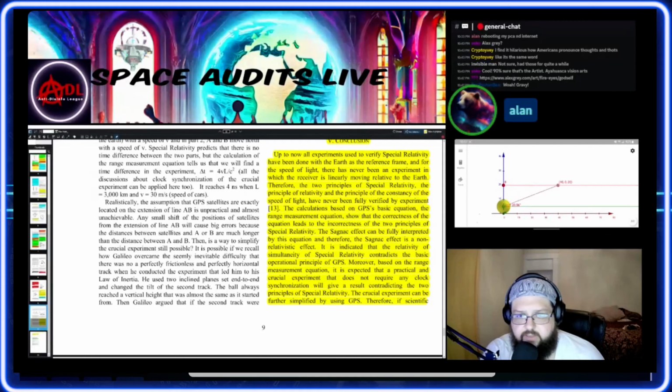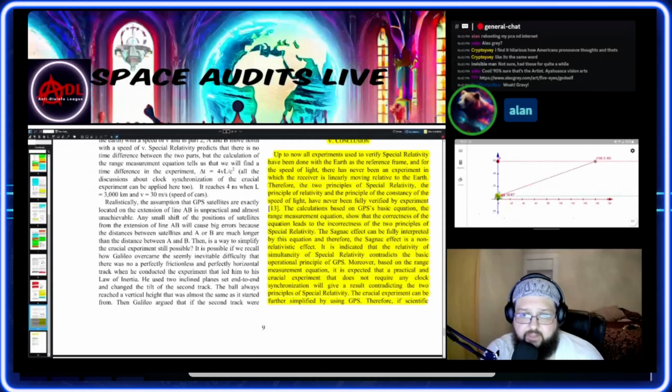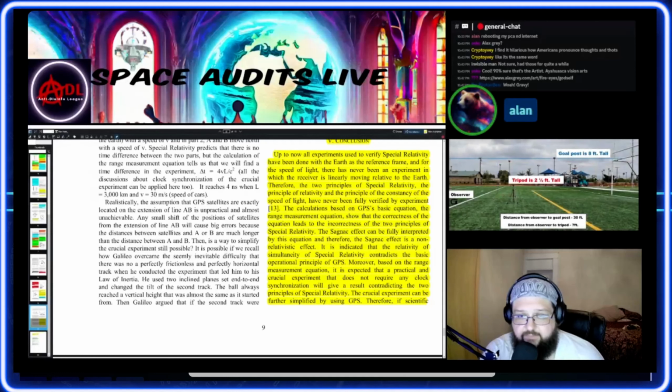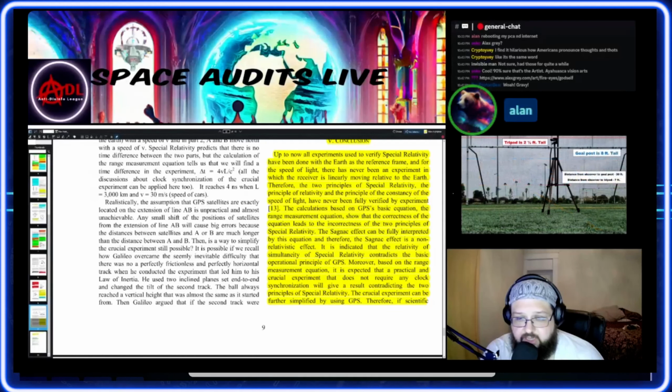The calculations based on GPS's basic equation and the range measurement equation show the correctness of the equation leads to the incorrectness of the two principles of special relativity. The Sagnac effect can be fully interpreted by this equation, and therefore the Sagnac effect is a non-relativistic effect. It is indicated that the relativity of simultaneity in special relativity contradicts the basic operational principles of GPS.